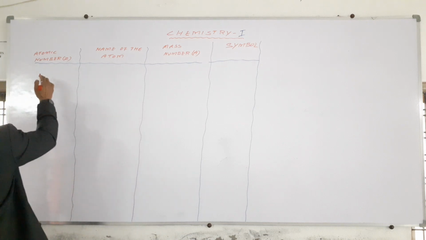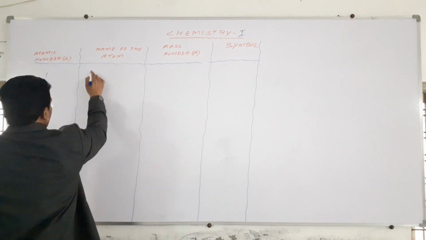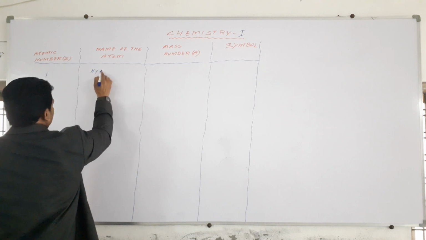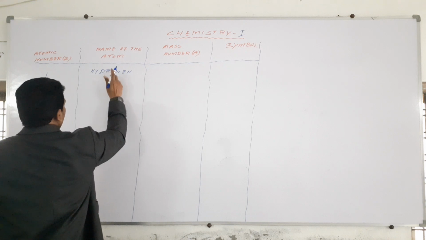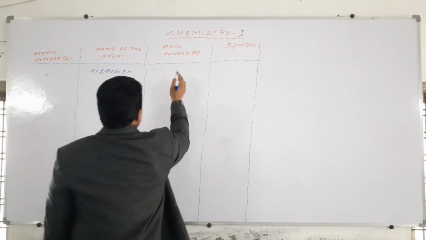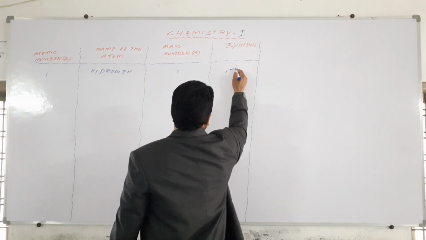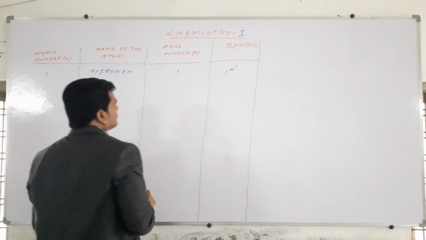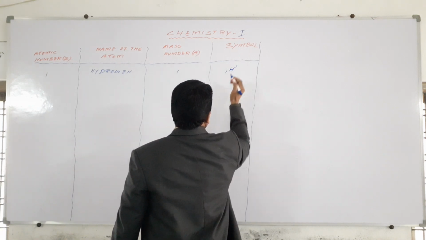Okay, atomic number 1. Name of the atom hydrogen. Mass number 1. Symbol 1H1.